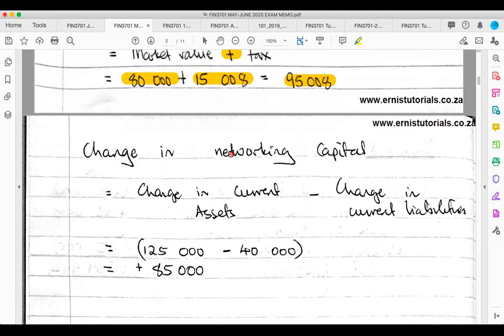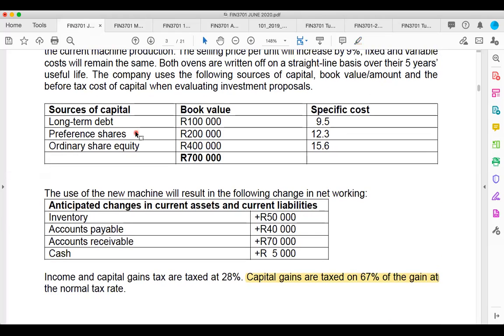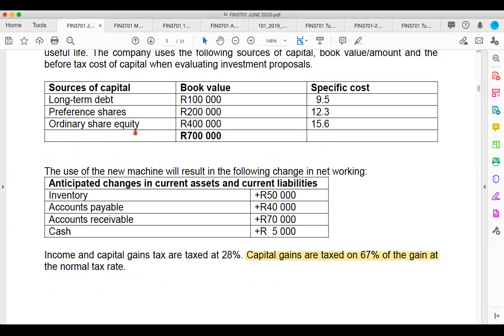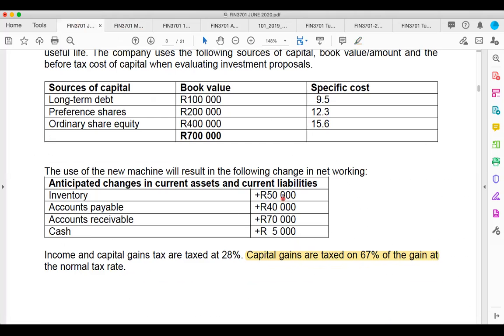Right, and then lastly, the change in net working capital. So remember, when a new asset is purchased, some amount of money is spent usually to finance the net working capital. So in this case, we simply take the change in current assets minus the change in current liabilities. So in this particular example, our change in current assets was 125,000.